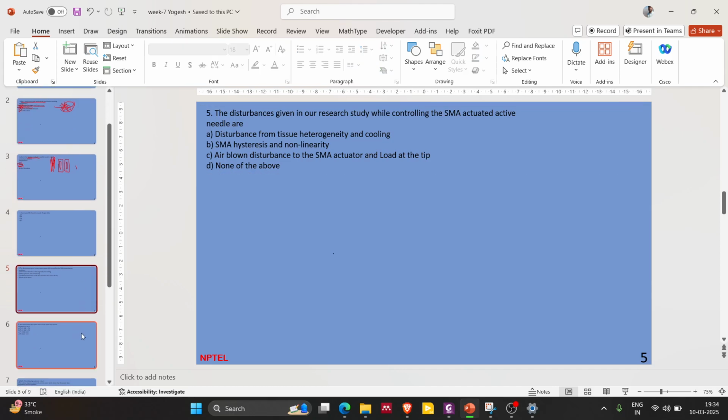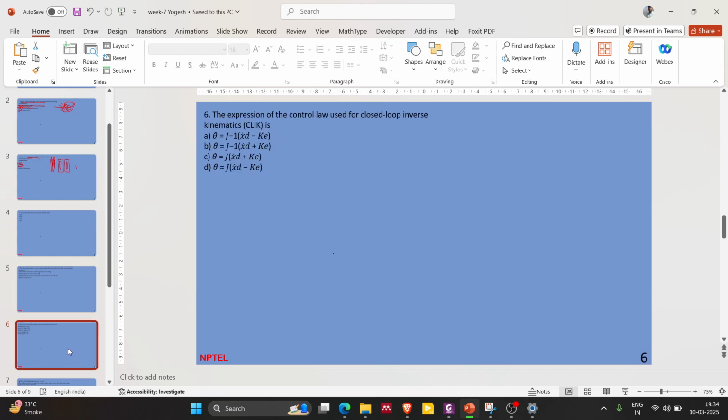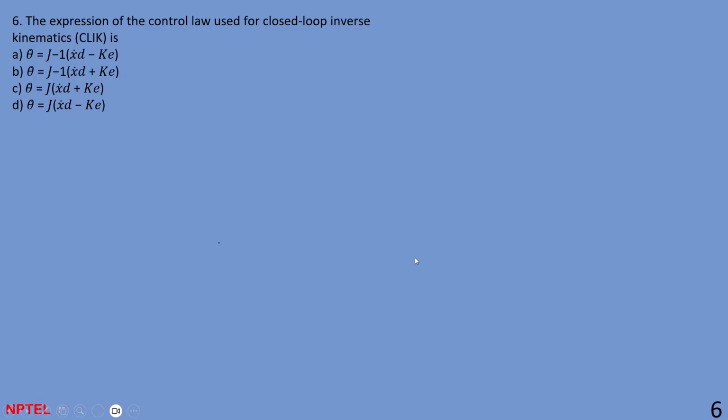There is nothing more on the mathematical side. I think one question was asked last year: you just need to know what kind of equation he used. He used closed loop inverse kinematics to control those needles, and you have to choose which equation is correct.